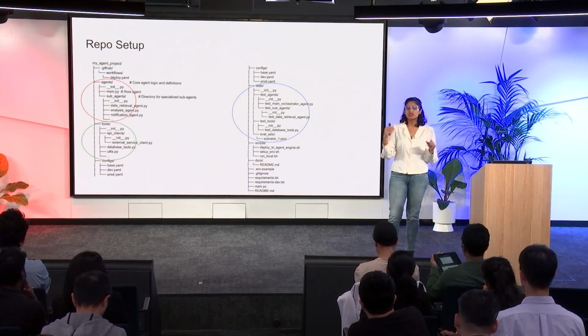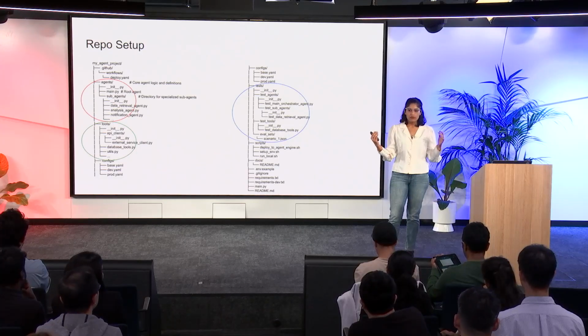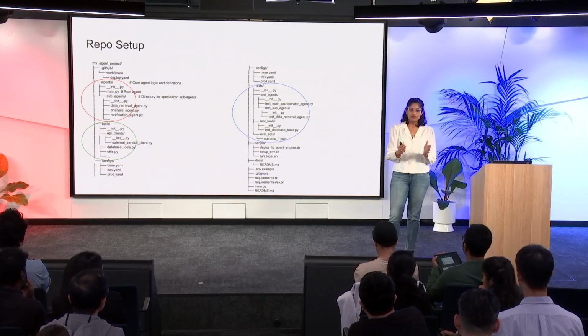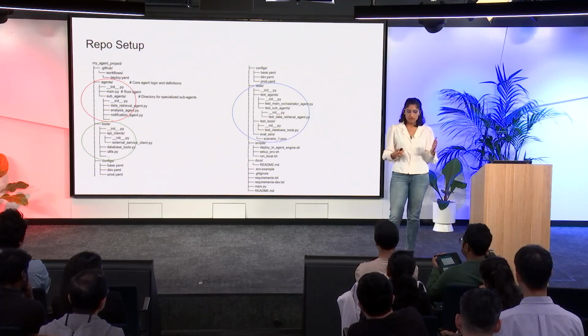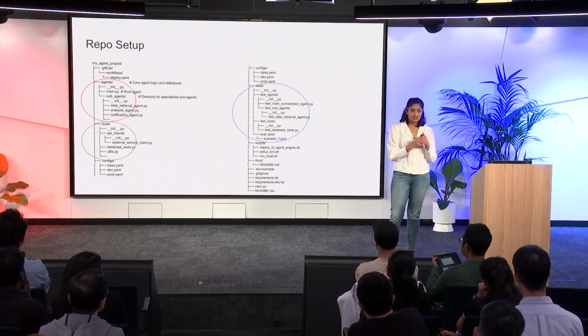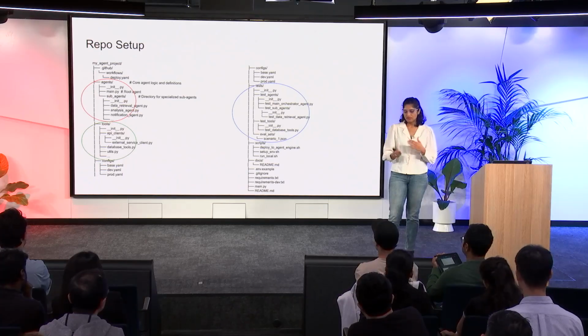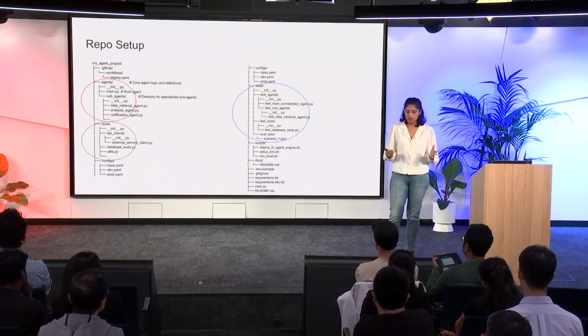So ideally you would have a tool registry where all of your verticals follow some sort of standards and register their tools there. You can have tools that are very specific to your sub-agents, or tools that all of your agents utilize, and you can structure that accordingly.